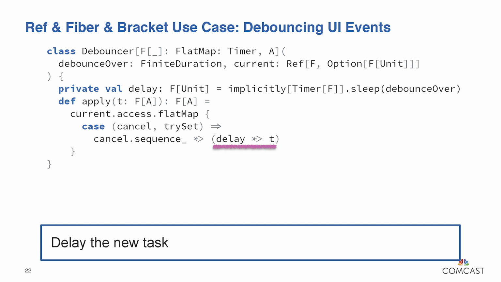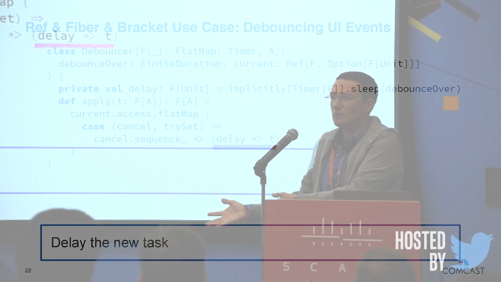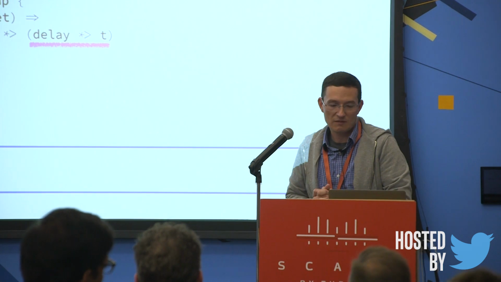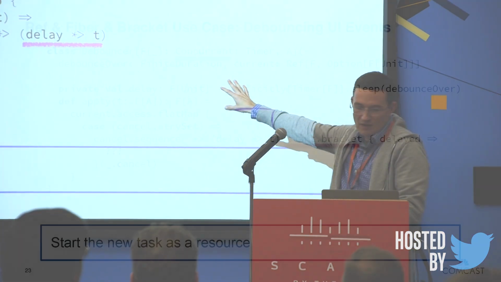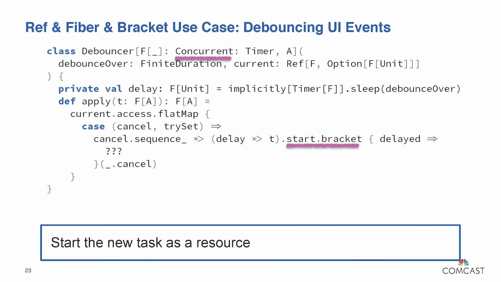Timer is from Cats Effect. It's one of our built-in data structures that lets us either work with delayed time, like in this case using sleep, or work with clock values if we wanted to read the current clock of the machine. All right, so first we're going to cancel the old token. Now we're going to delay the new program. Now we don't want to just run it now, though. We want to start it up as a fiber. And again, we're going to treat this fiber as a resource.